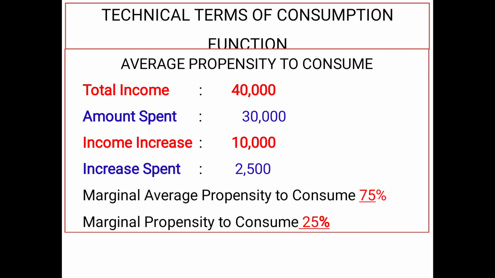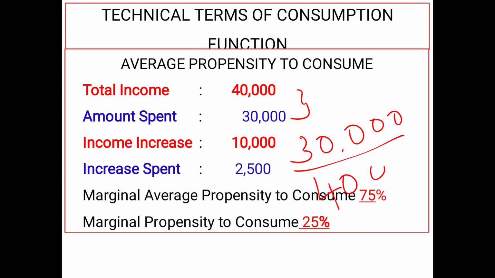So now here, 30,000 divided by 40,000, into 100. When you do this, you get 75%.